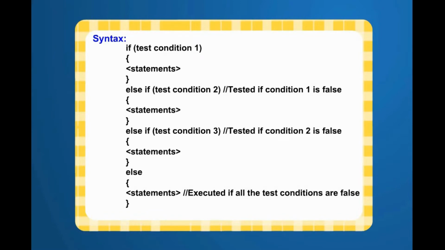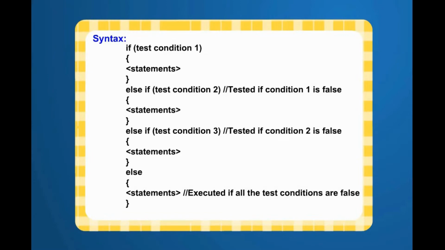Syntax: if test condition 1, statements, else if test condition 2, tested if condition 1 is false, statements, else if test condition 3, tested if condition 2 is false, statements, else, statements executed if all the test conditions are false.